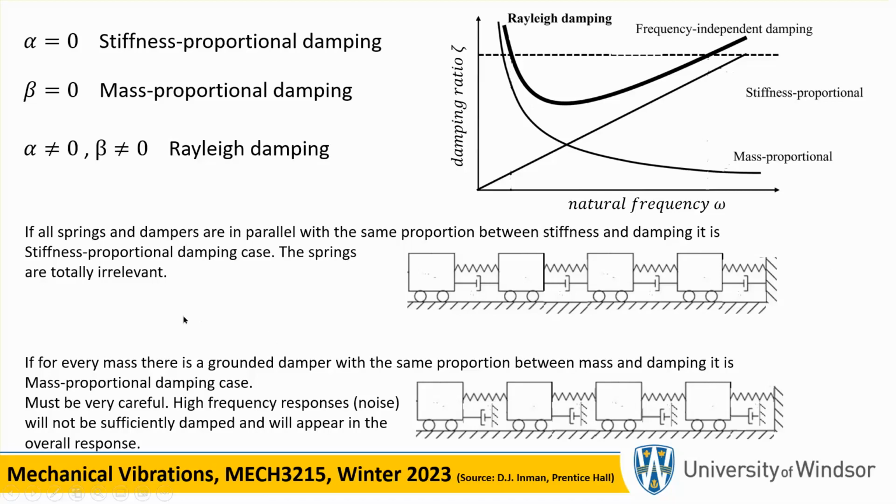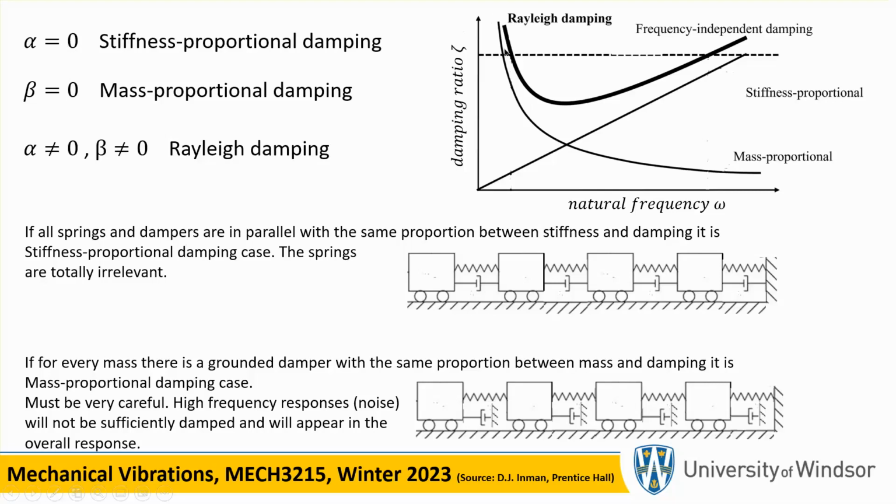Now, the one problem with the mass proportional damping, you might say, well, why don't I always set alpha equal to 0 and work with the case of beta times k? Or why don't I always put beta equal to 0 and always work with alpha m?